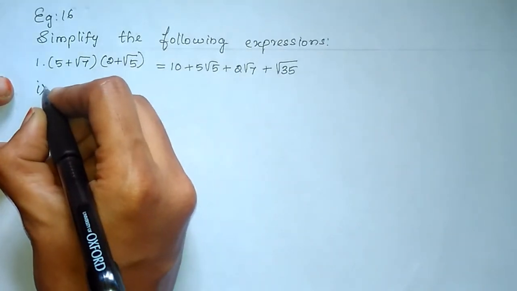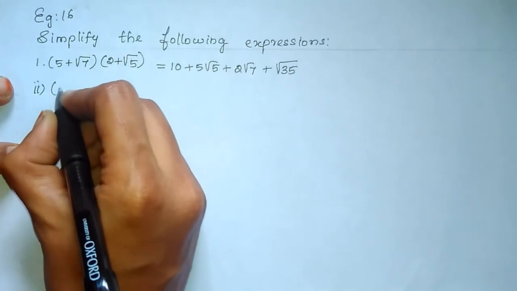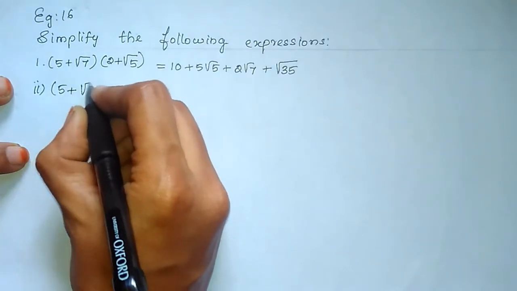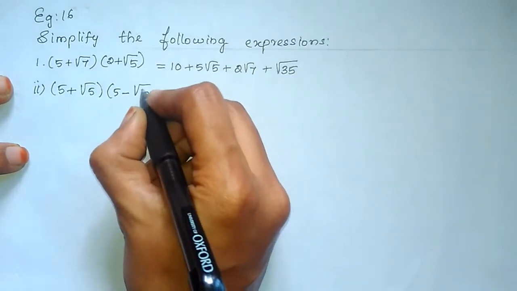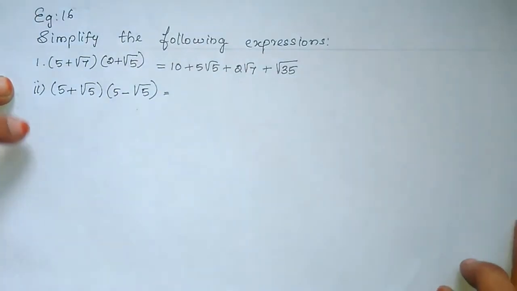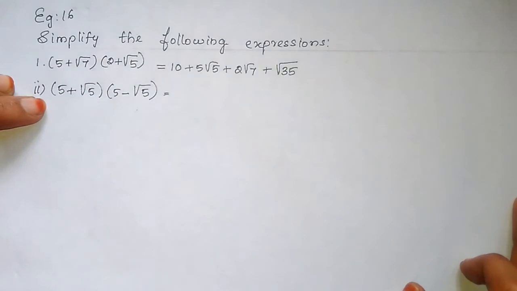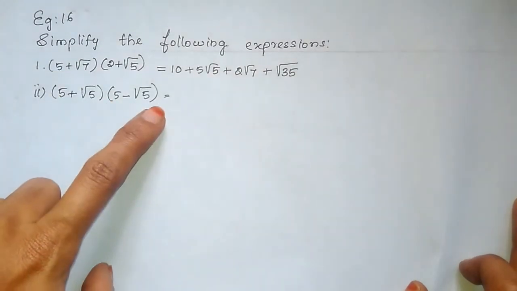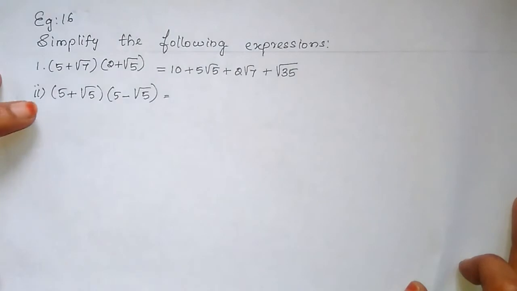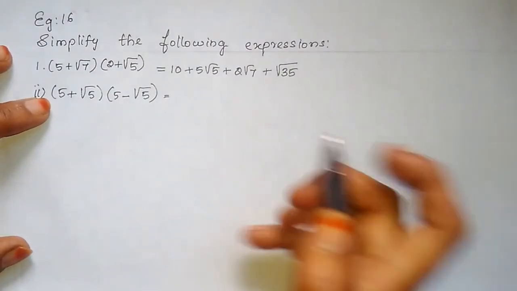Second one, 5 plus root 5 into 5 minus root 5. Here see this. This is similar to the fourth identity, which is in the form a plus b into a minus b. We know that a plus b into a minus b is a square minus b square.